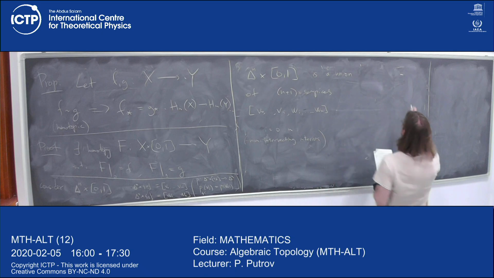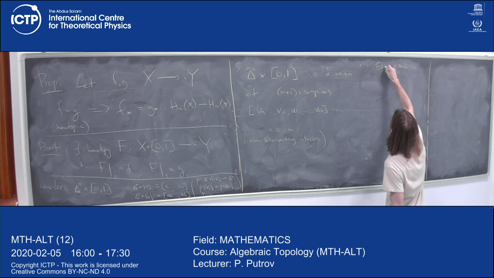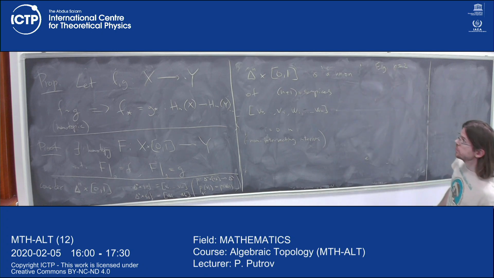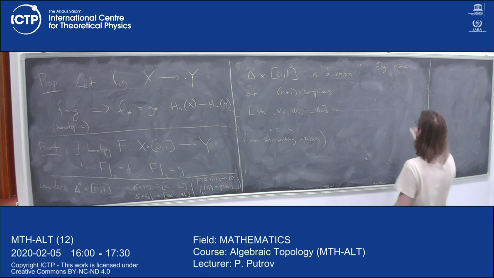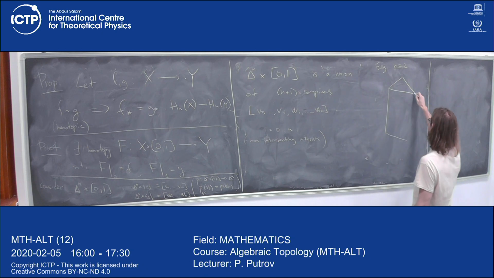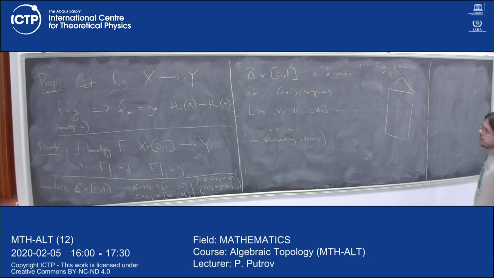So let me draw you an example of how this looks when n equals 2. When n equals 2, delta 2 is a triangle, the triangle times an interval, something like this.